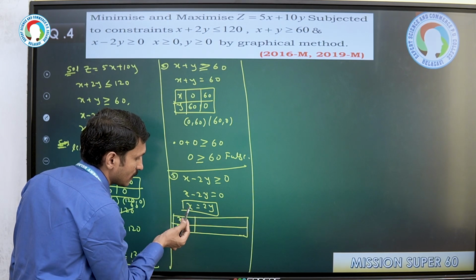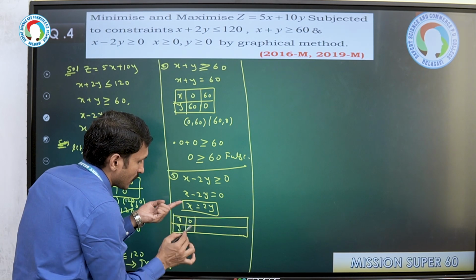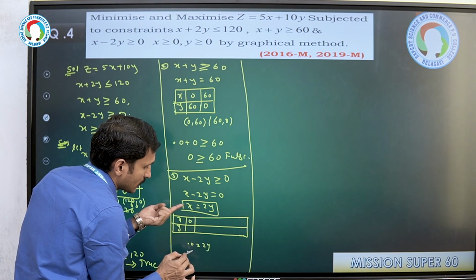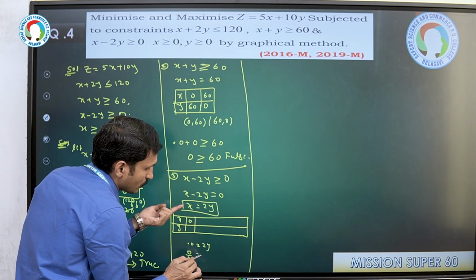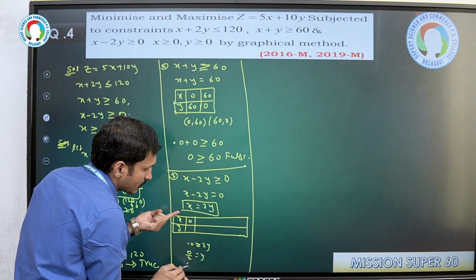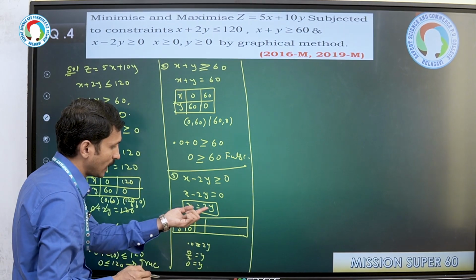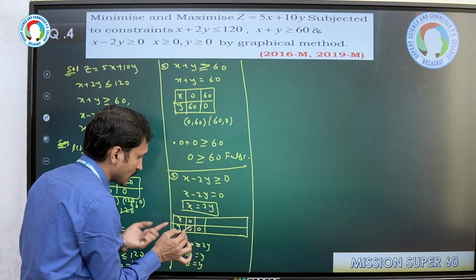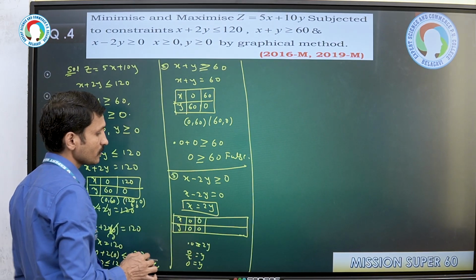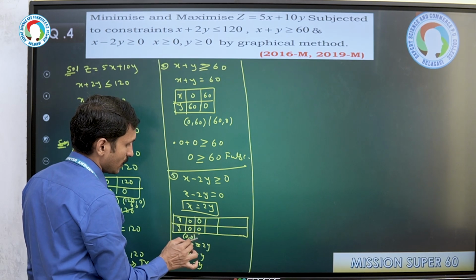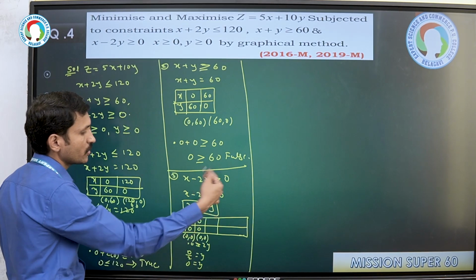If x is 0, then 0 is equal to 2y, so 0 by 2 is equal to y, so y is also 0. If you put y as 0, then x is also 0. So you get 0, 0 and 0, 0.